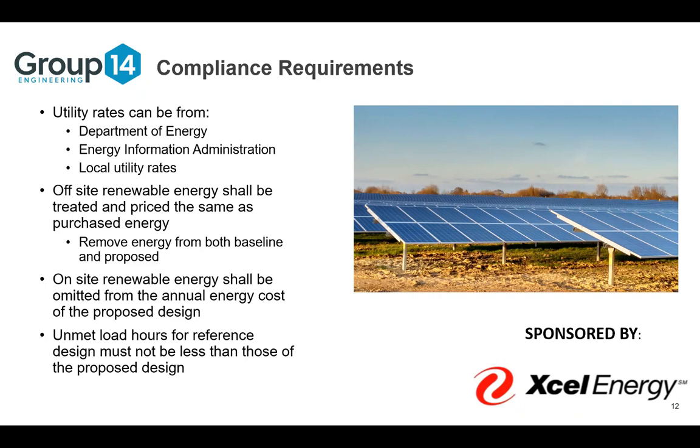So if you have 5 more unmet hours in the proposed than the baseline, that's not something that the energy modeler is trying to get away with. But if you have 400 more unmet hours in the proposed than the baseline, that's something that should be noted, right? And that's why you want to see those energy model outputs.